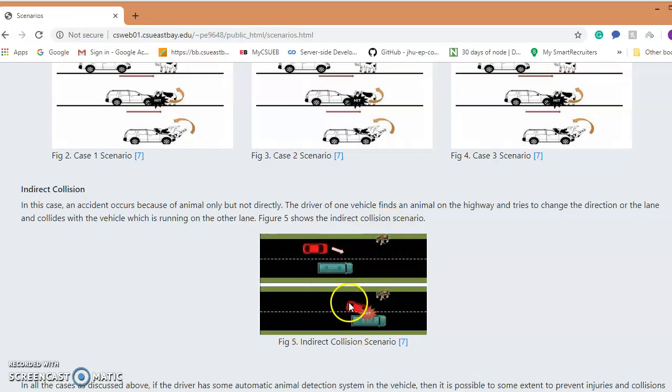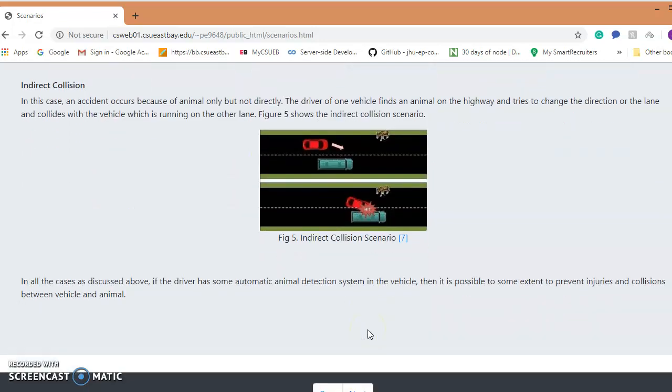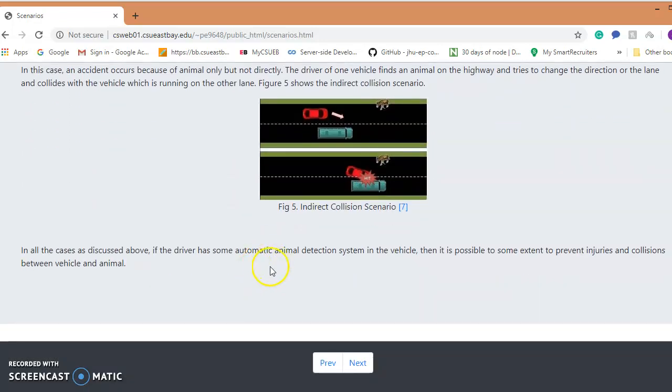In all the cases discussed above, in direct collision as well as in indirect collision, if the driver has some automatic animal detection system in the vehicle, then it is possible to some extent to prevent injuries and collision between animals and vehicles.